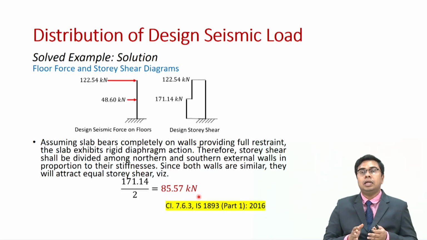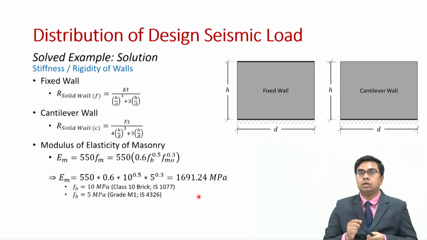But what happens if you have rigid diaphragm action, but your walls are not identical? Then you need to distribute the shear in proportion to the stiffness. So, you need to calculate the stiffness or rigidity of the wall. We will go through the procedure to estimate the rigidity, calculating it for this southern wall as an example, though it is not required in our case.